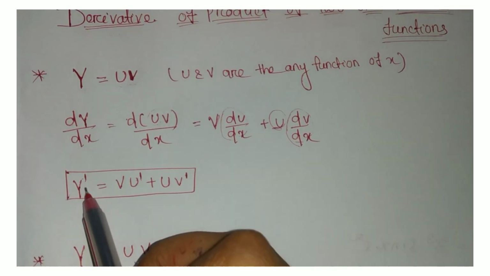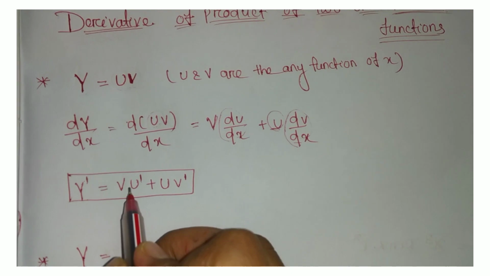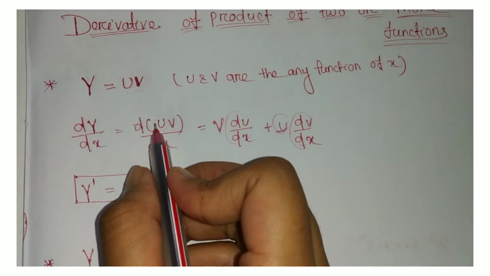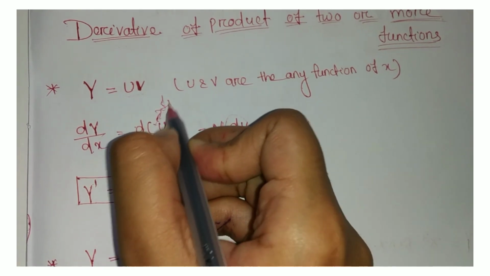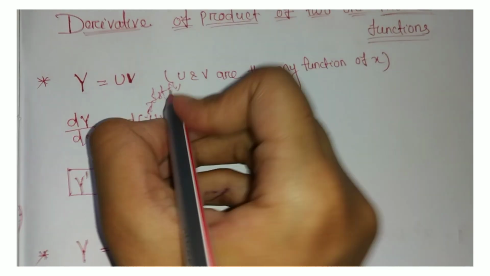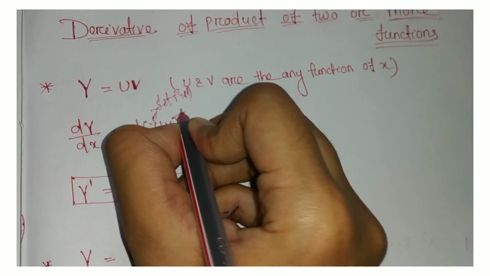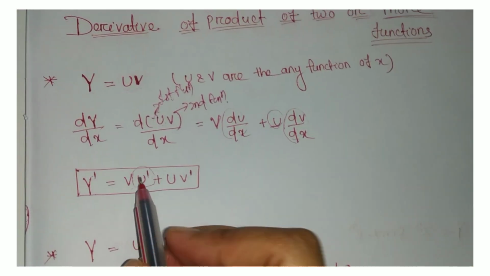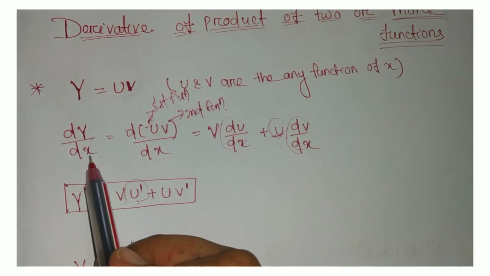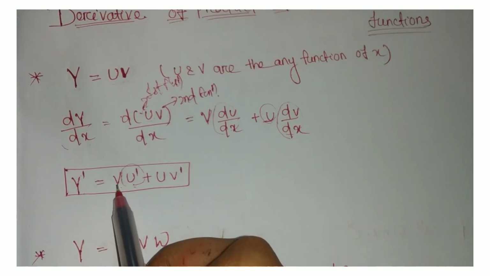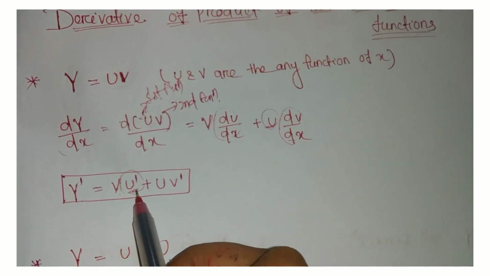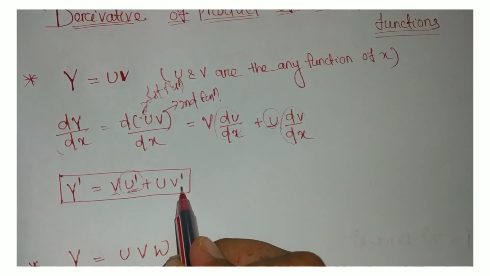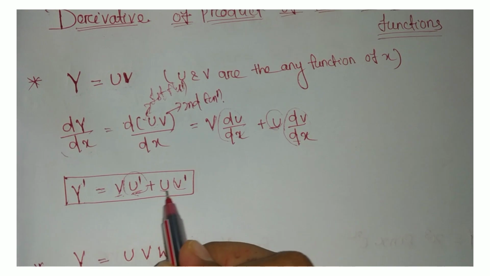Here u is the first function and v is the second function. Then dy by dx is equal to the derivative of the first function into the second function plus the derivative of the second function into the first function.